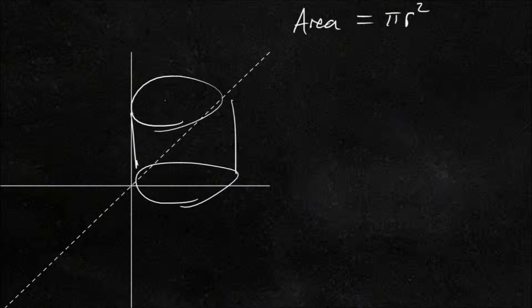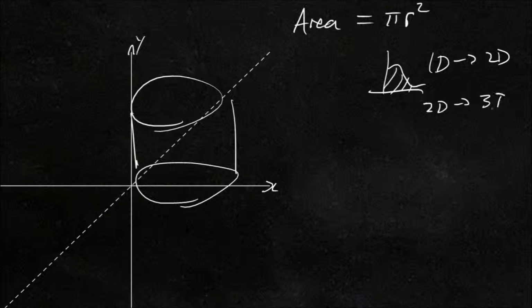We have a cylinder. So this is our y-axis, this is our x. So what we're looking at here is not an area under a curve, which is going from 1D to 2D. We're looking at changing from 2D to 3D. So that's changing area to volume.